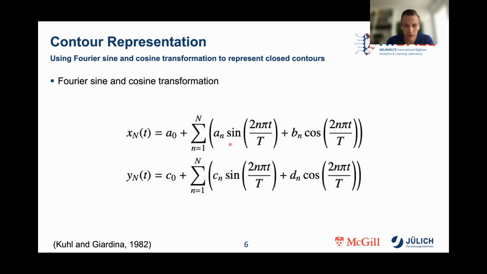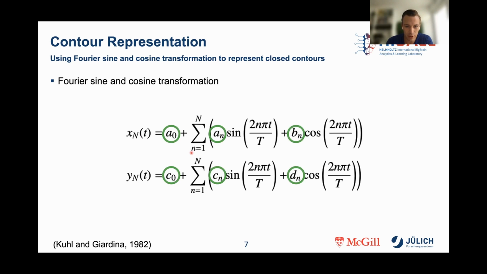One allows you to sample all the X coordinates that make up a single contour, and the function below allows you to do the same for all the Y coordinates of an entire contour. Highlighted now in color are all the parameters that are predicted by a convolutional network.